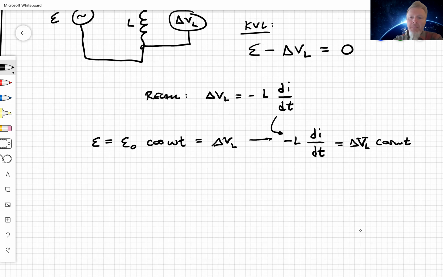Okay. So look, I'm going to get a di. I can integrate this thing. I can split the differentiation apart and do all this great stuff. But I think you can see that the current as a function of time is going to be proportional to some peak amount of current, right? Call it I. Integral of the cosine is once again going to be the sine.